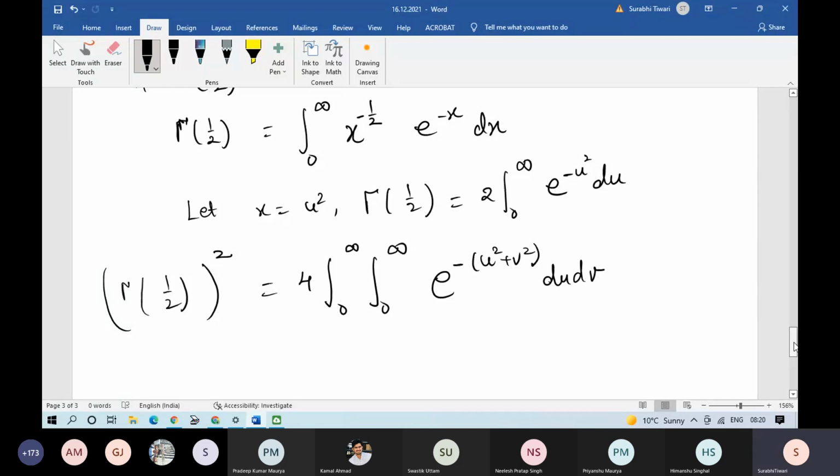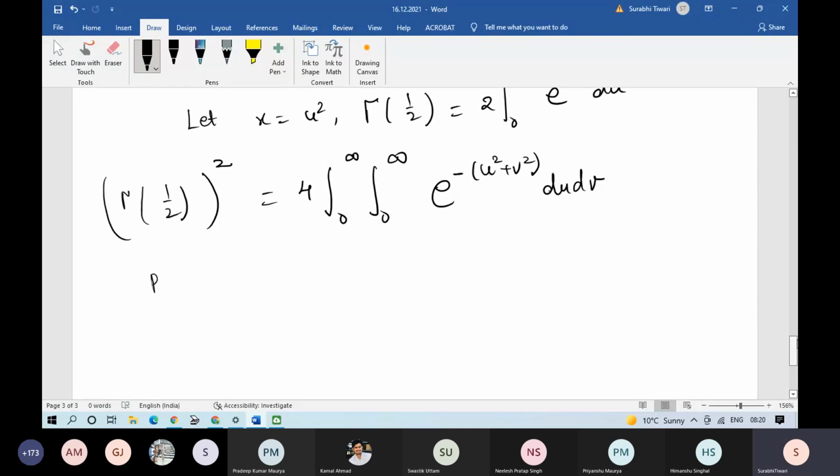ठीक, now we put again, put u is equal to r cos theta and v is equal to r sin theta.